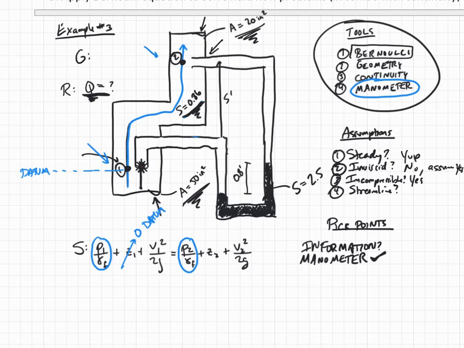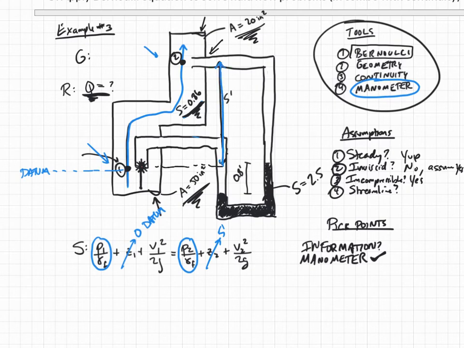So let me change this a little bit. I'm going to have this line go down basically to there. So Z2 is going to be 5 feet, because it's 5 feet from here up there.